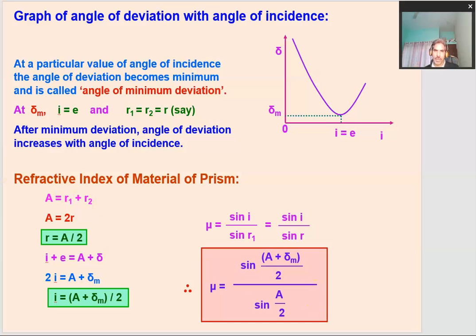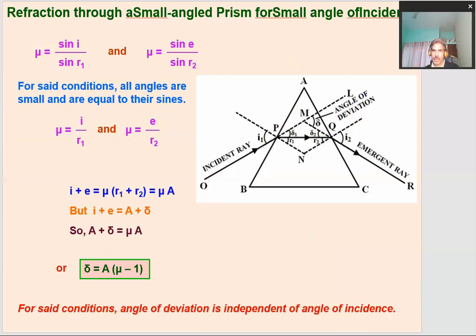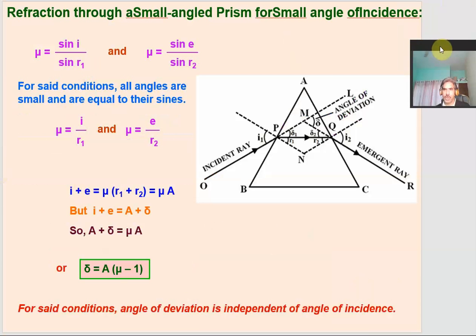Let us proceed further. Now we take a special case. What if the prism is thin and also the angle of incidence is small? These are the two conditions which we are going to apply here and check what result we get.